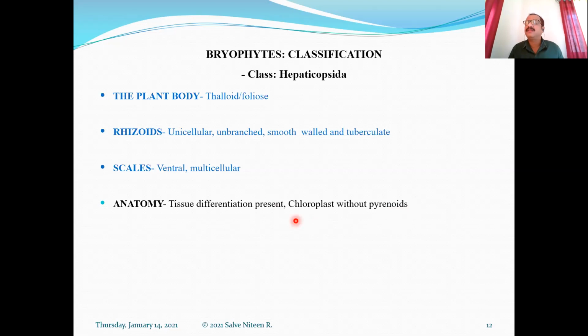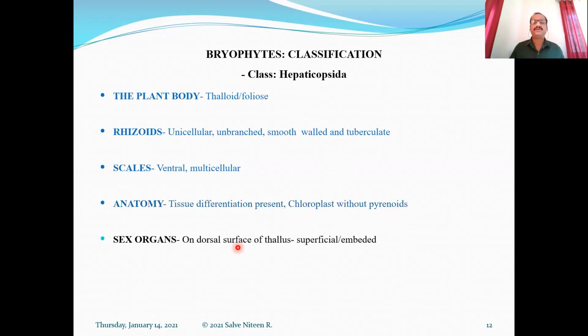As there is a separate region for the storage of food material, there is no need for pyrenoids in the chloroplasts of these cells. So the characteristic feature of Hepaticae plants is that chloroplasts are present, but pyrenoids are absent in the chloroplasts of the green cells.